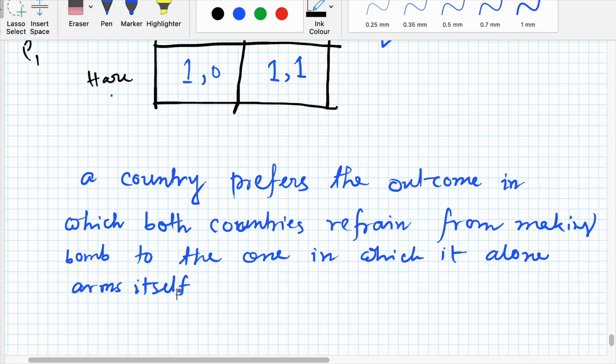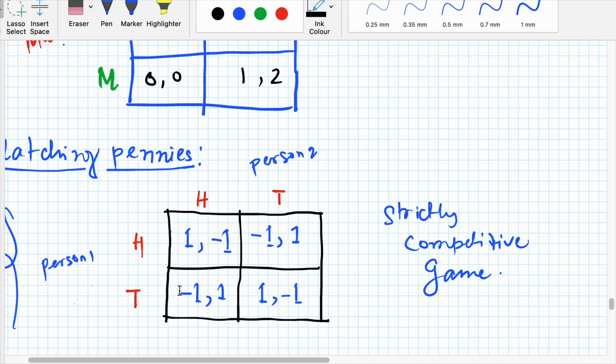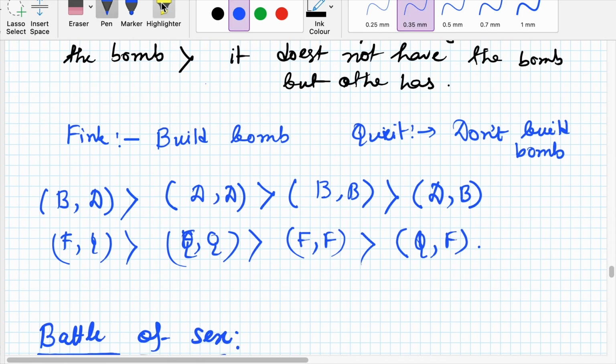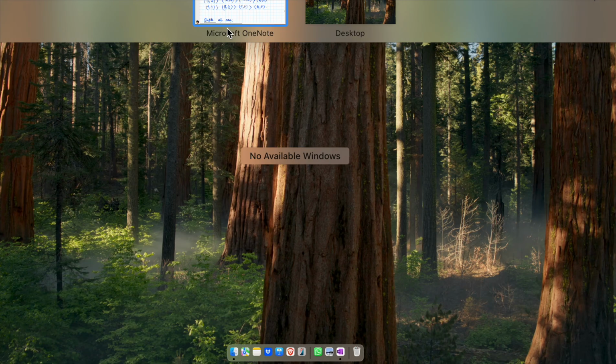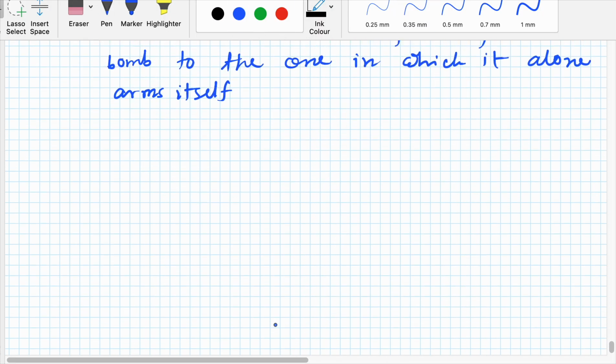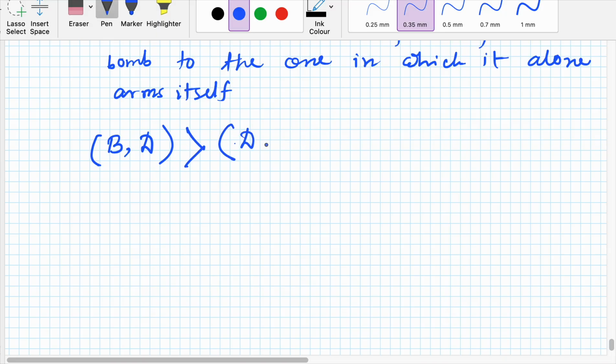So in the previous case we have seen that the most preferred outcome in the arms race is that the individual has the bomb and the other individual doesn't have the bomb. In the previous case the ordering was: no one makes a bomb, then everyone has the bomb, then the individual doesn't make a bomb but the other has the bomb.